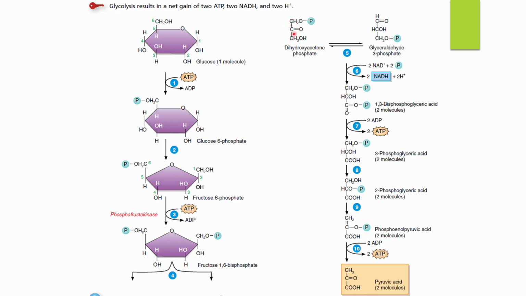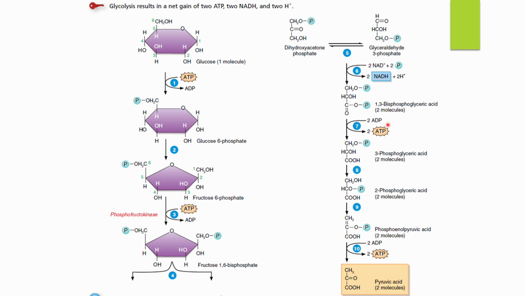Here is one molecule of 3 carbon, and here is another molecule of 3 carbon, so that the fructose 1,6-biphosphate splits into two 3-carbon molecules, the glyceraldehyde triphosphate and dihydroxyacetone phosphate, each having one phosphate group.